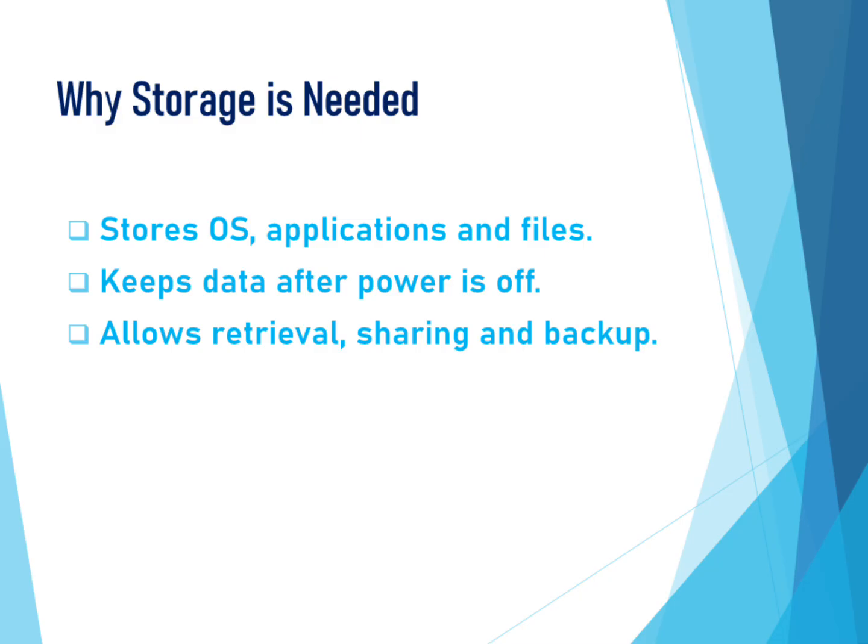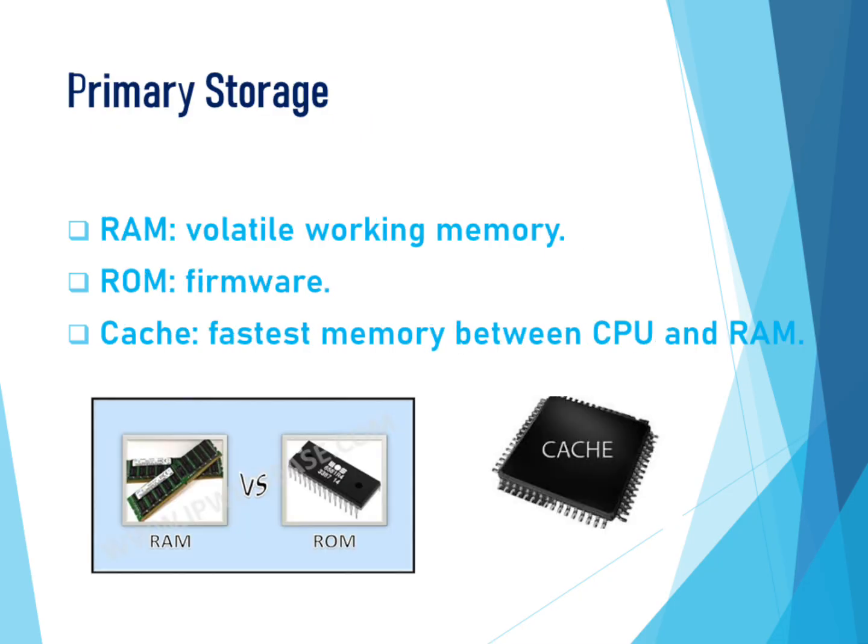Let's see primary storage. Primary storage is the memory that the computer uses while it is working. It is directly connected to the CPU and is very fast. There are three important types. The first is RAM, which stands for random access memory.